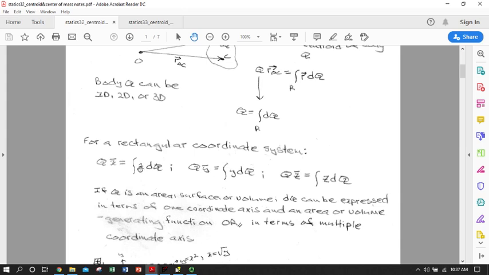So it's some X location, any X location somewhere on the body. So this is the X location of this little bit of body.